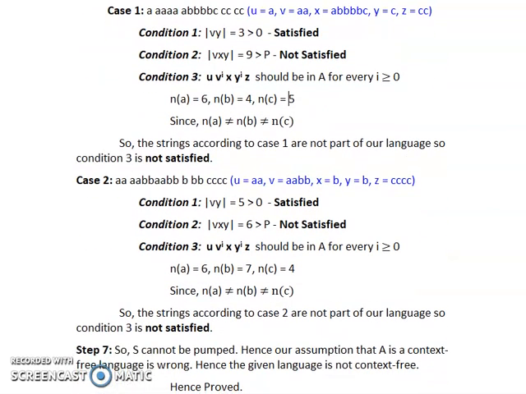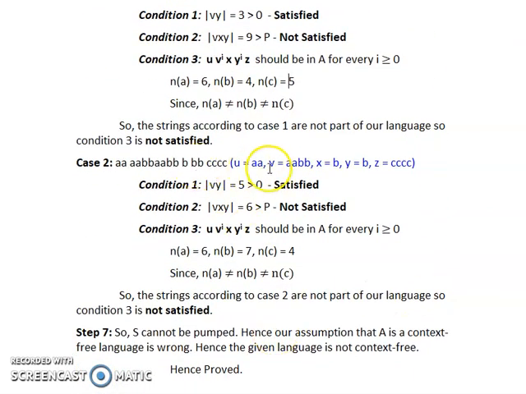Now let's take the second case. In the second case, we have assumed u as double a, v as double a double b, x is b, y is b and z as 4c. Now for condition 1, if we check the length of v and y taken together, it is 5 and 5 is greater than 0, that means the condition is satisfied.